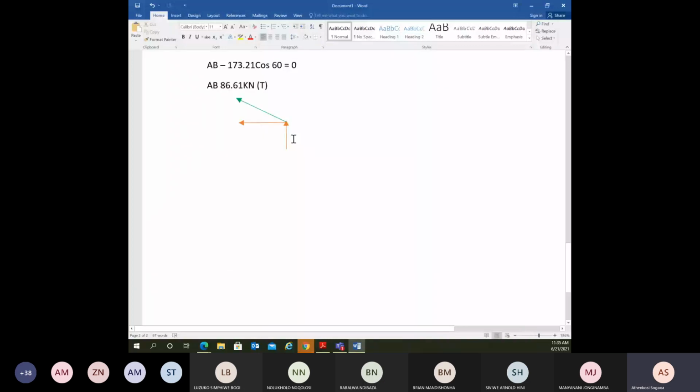We also know AB was in tension at 86.61 kilonewtons. Now we know these two, and this one is an unknown at a 30-degree angle.